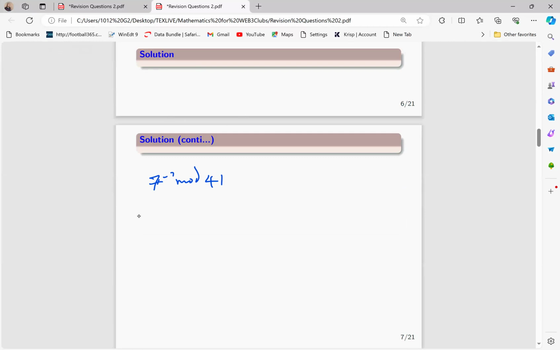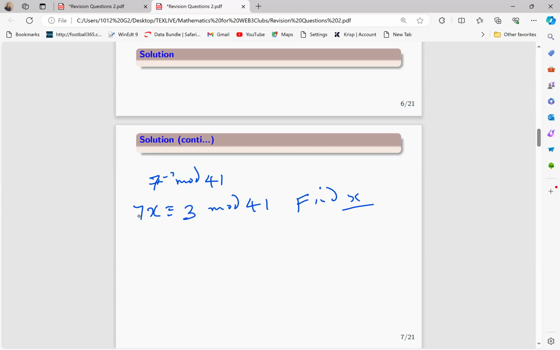For instance, if we are given 7x is congruent to, let me say even, 3 mod 41, to find x, you need to make x the subject of this formula.